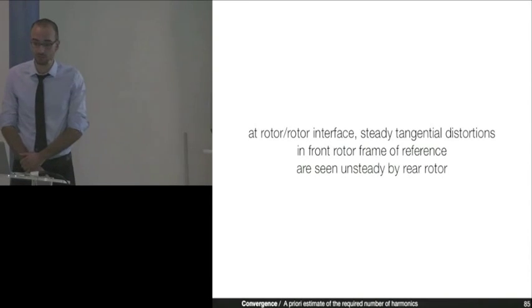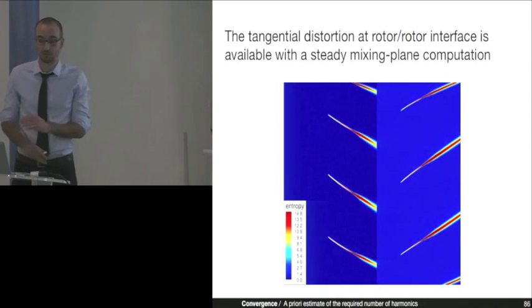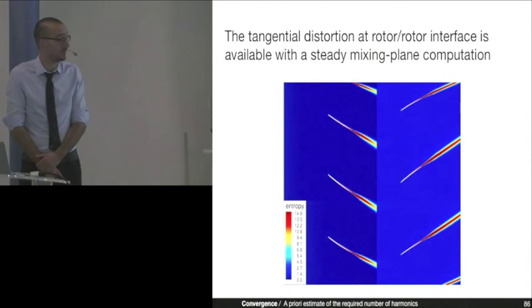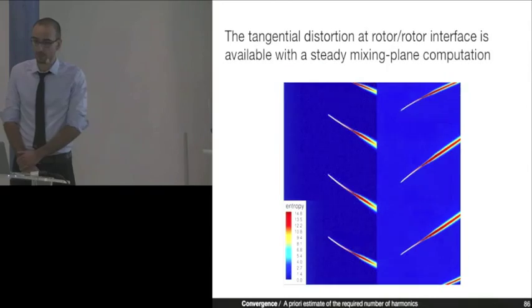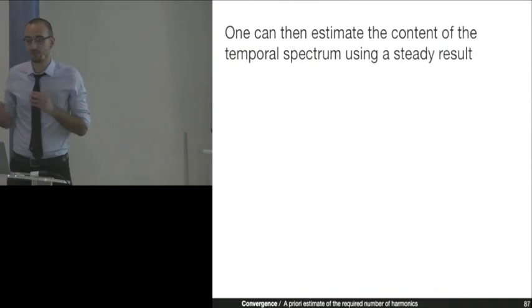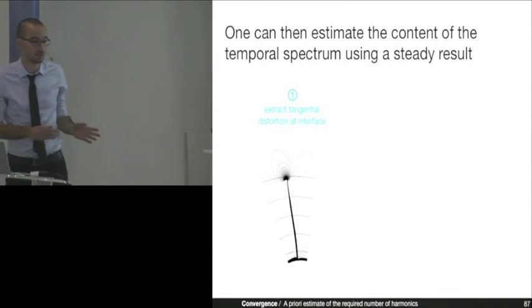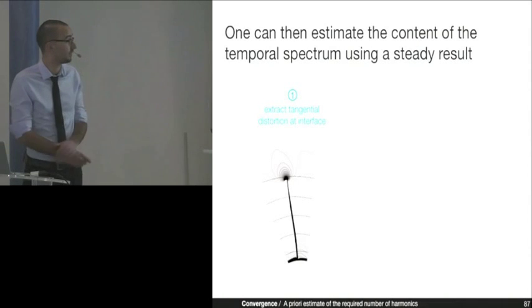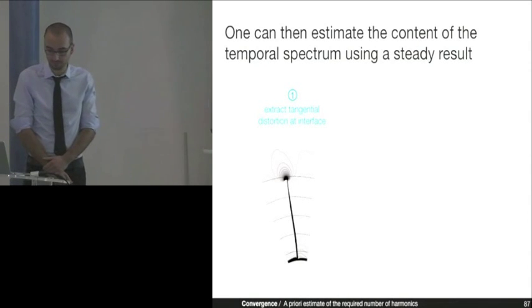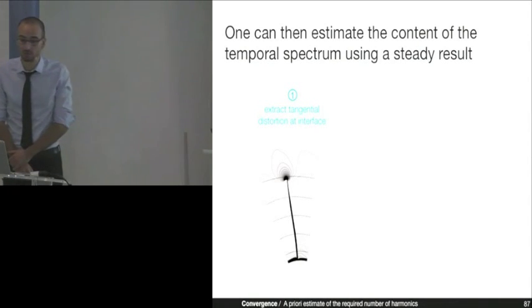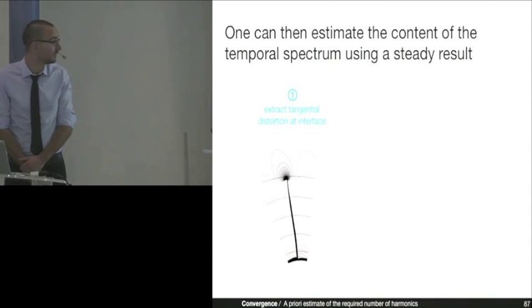The good news is that the tangential distortion at the rotor-rotor interface is available using only a steady mixing plane computation. So the idea is to estimate the content of the temporal spectrum using the tangential distortion provided by the steady simulation. So first, we extract the tangential distortion at the interface, as shown by this graph.